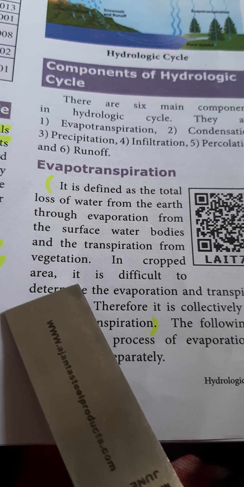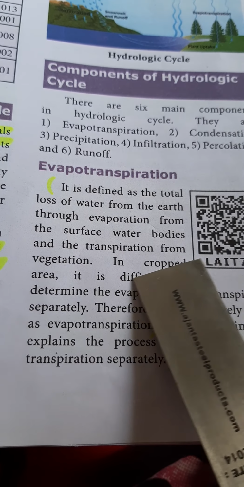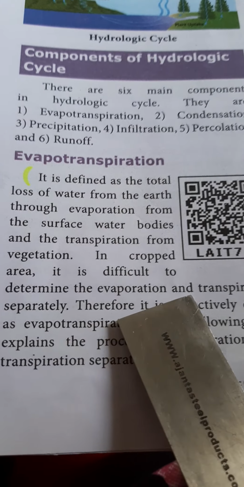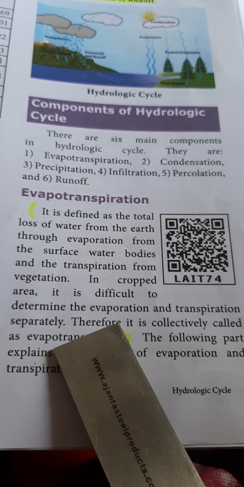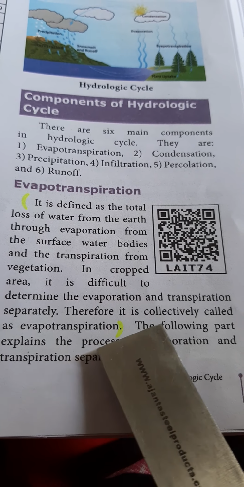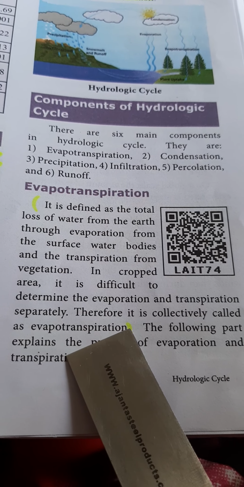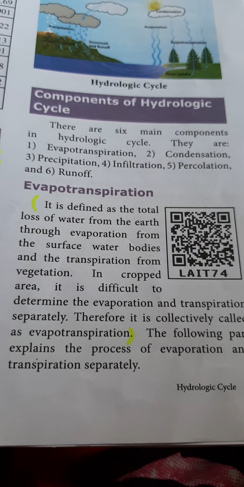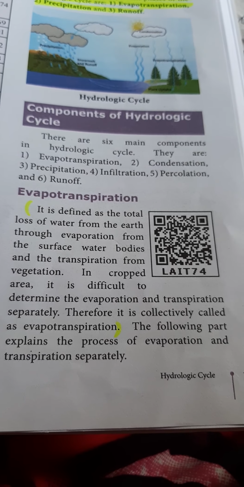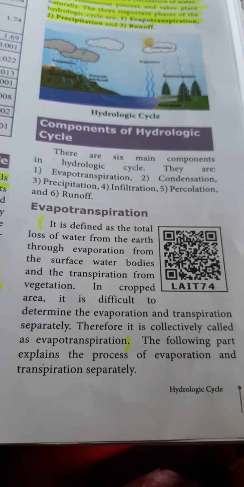In a cropped area, it is difficult to determine the evaporation and transpiration separately. Therefore, it is collectively called evapotranspiration. The following part explains the process of evaporation and transpiration separately.